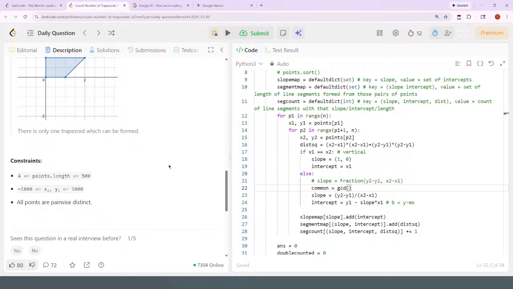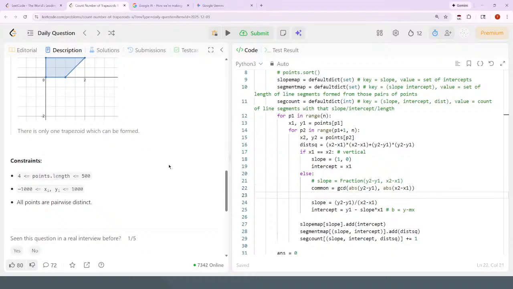So y2 minus y1. Actually, translating is not actually going to make it positive. That's just stupid. Okay. Absolute value of y2 minus y1. Absolute value of x2 minus x1.